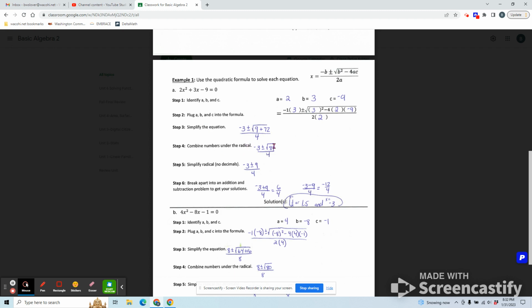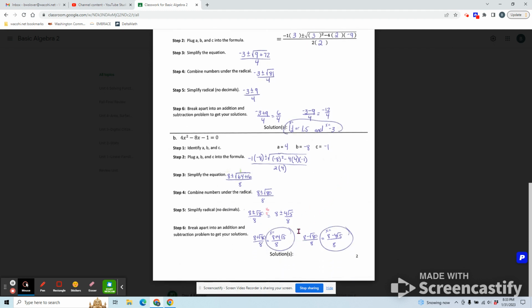Square root of 81 is 9. So I end up with two solutions, just like it says, break apart into an addition and subtraction problem. Square root of 81 is 9. So -3 plus 9 over 4, and -3 minus 9 over 4. And I get my two answers.